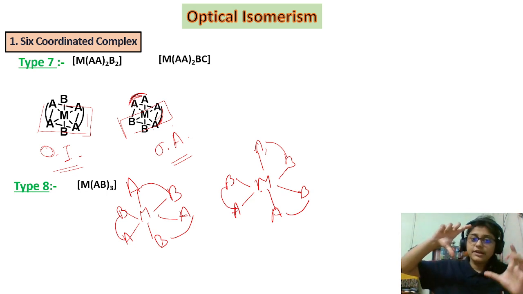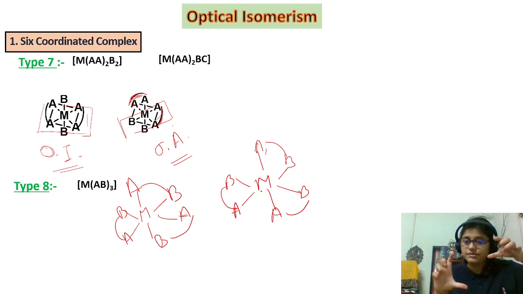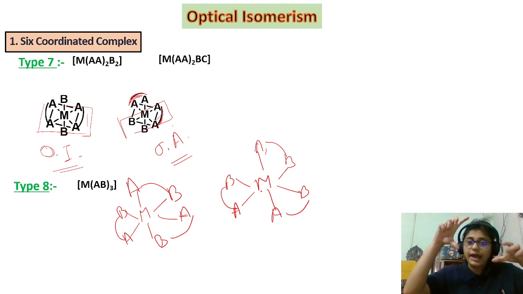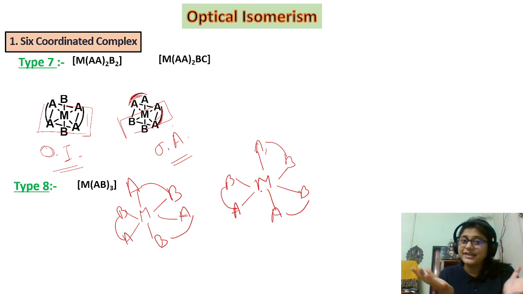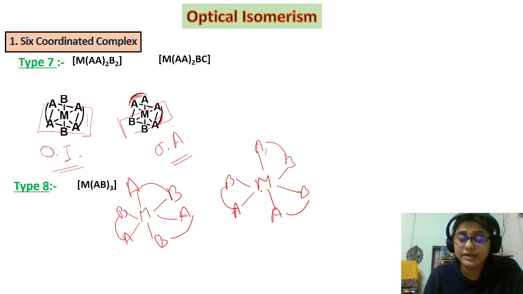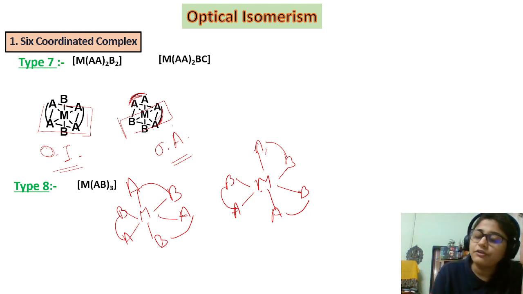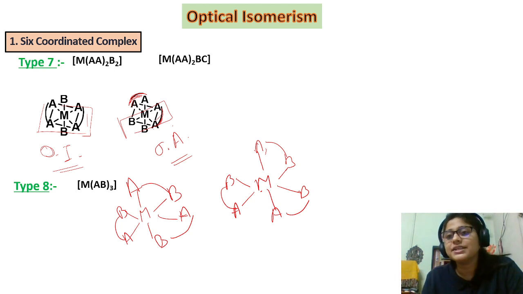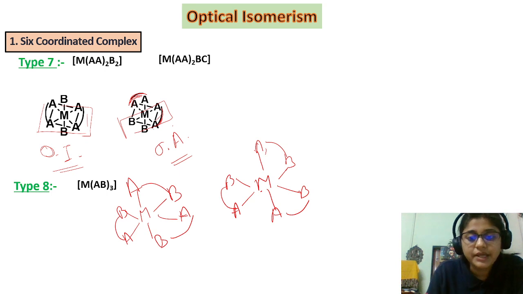One is this kind, one is this, and another is below the molecular plane to up, and inside the molecular plane. These three are arranged like a flower, like a propeller shape. I'll not say propeller, but you can imagine it that way. Both are optically active.